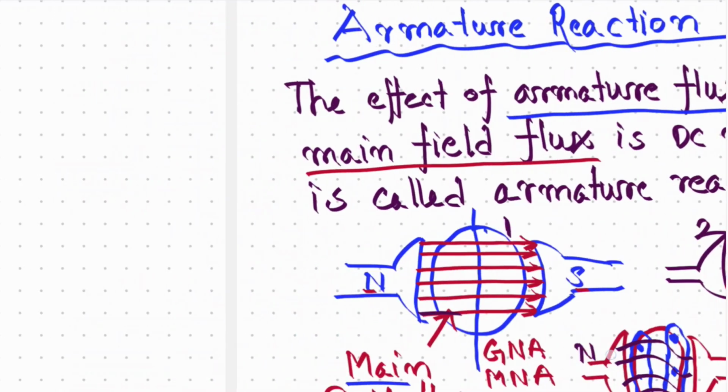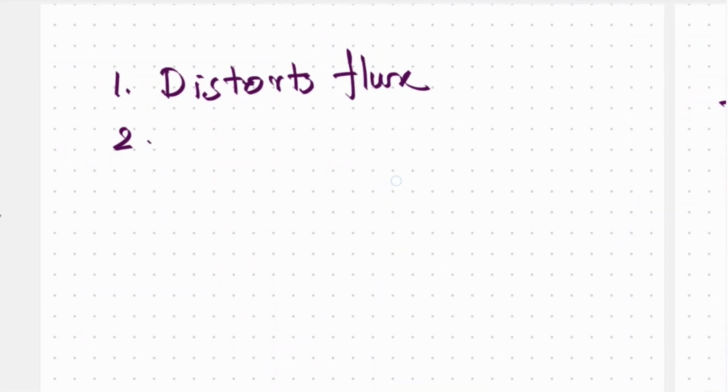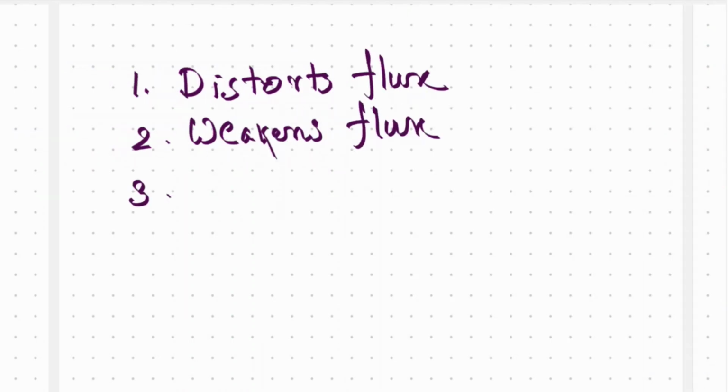So what are the main effects of this reaction? It distorts the flux, then weakens that flux, and it even shifts the neutral axis.